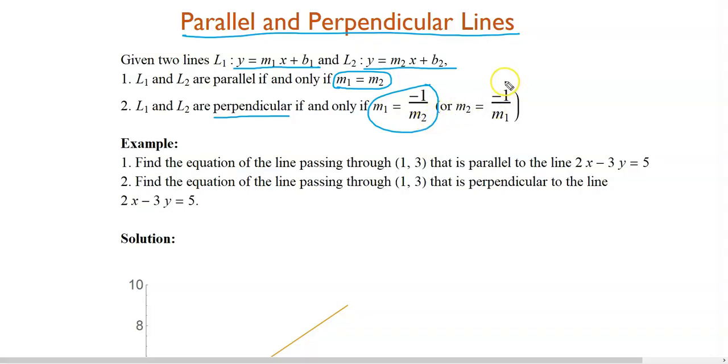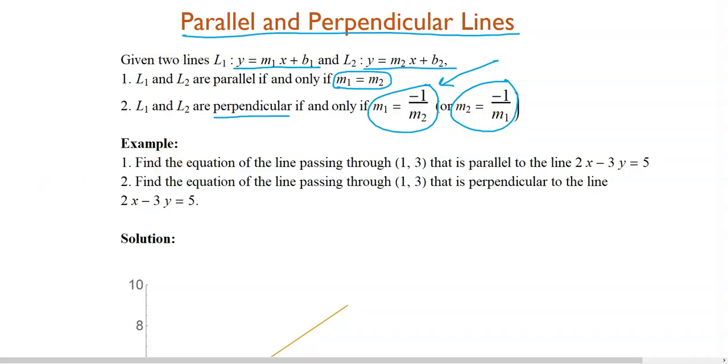Or that's the same as saying m2 is the negative reciprocal of m1, so m2 equals -1 over m1. These two equations are the same. If you were to take one equation like the first one, multiply the m2 over to the left, divide the m1 to the right, you would end up with this equation. So these are equivalent equations.